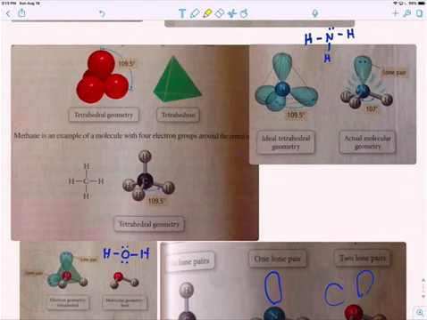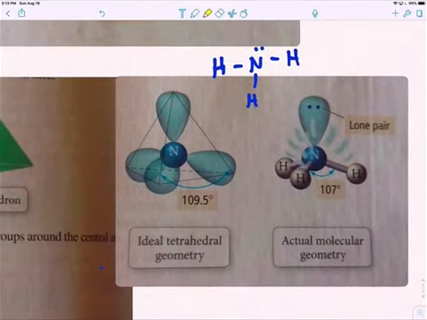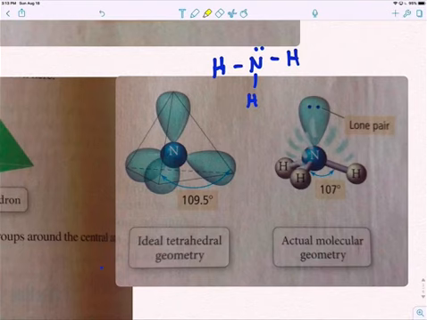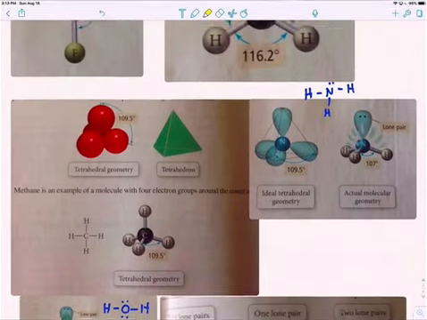Now you can see here's a difference between the electronic geometry and the molecular geometry. The tetrahedral geometry, with the 4 things all bonding, is the electronic structure. But where the atoms are, this forms what's called a trigonal pyramidal structure.